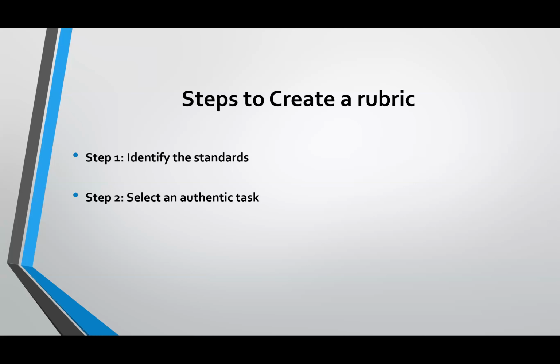That might take the form of an analytical paper you assign, a multimedia presentation students develop, whether individually or collaboratively, or a debate they participate in, or even an essay question on a test.